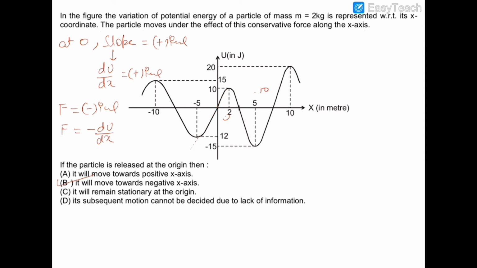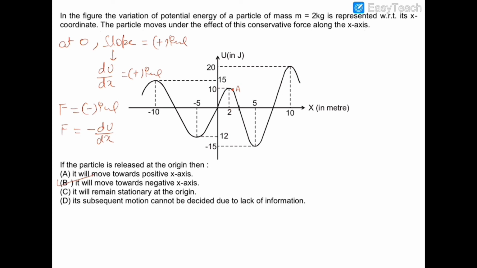You can see that if this particle is released from a point which is slightly ahead of x equal to 2, let's suppose this point A. So this del is tending to 0, so it means that this position is just slightly away from this point x equal to 2, which means that the question is trying to indicate that we have to take the potential energy at A also to be 10, and the slope of this graph at point A will not be 0, but it is 0 at x equal to 2.